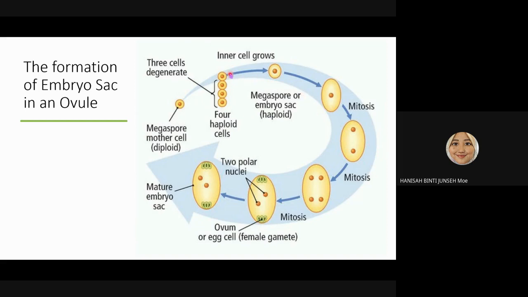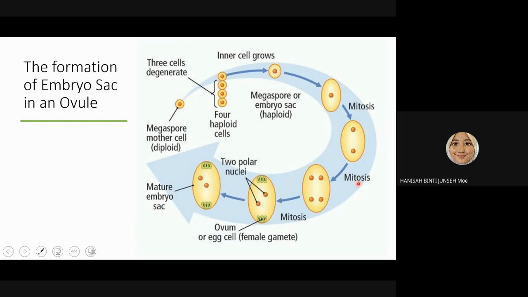Okay, so this megaspore continues to grow, so this already we can call it an embryo sac sudah. Embryo sac yang tunggal satu saja kan yang sambung continue to grow, we can call it a haploid embryo sac. Okay, this embryo sac will undergo mitosis 3 times. 3 times berbanding dengan pollen grain tadi.